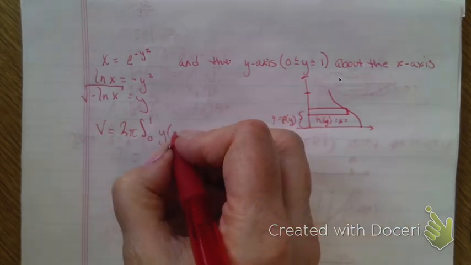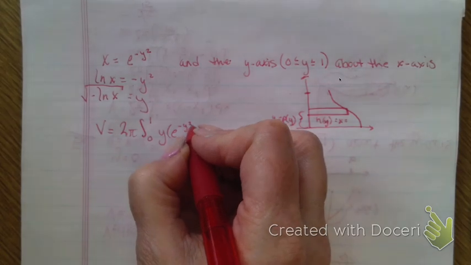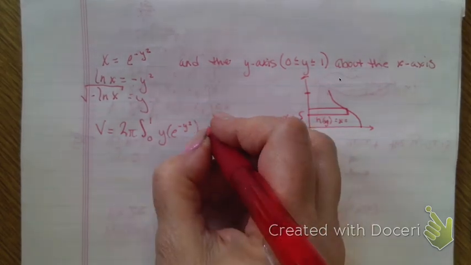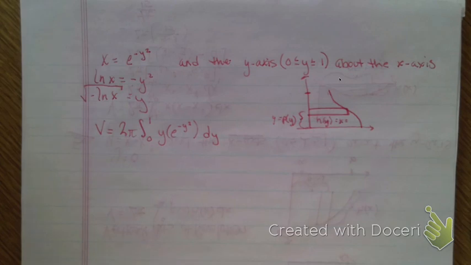Times e to the negative y squared dy. So now I get to integrate that. That's just y times e to the negative y squared. So you might want to get out your integral rules.